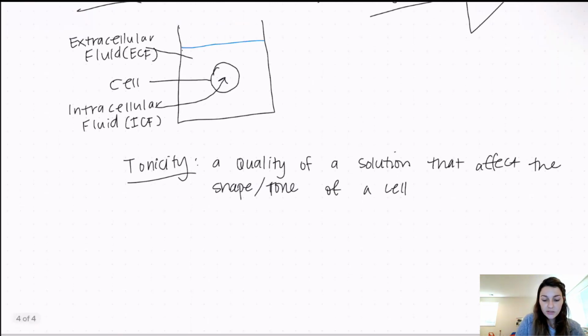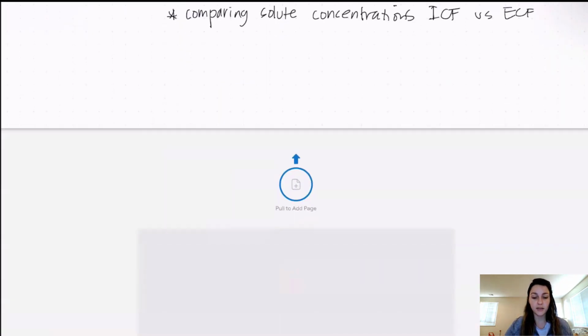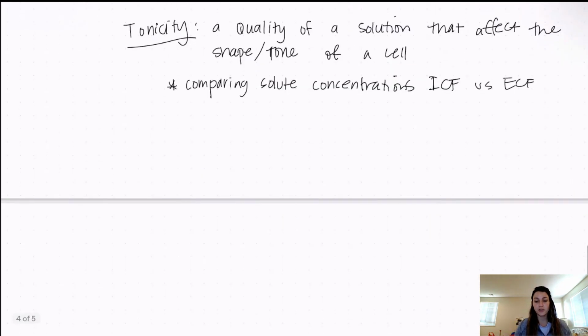Okay. So it's a quality of a solution, and we're always using tonicity as a comparative term, which means that we're comparing solute concentrations in the ICF versus the ECF. So tonicity is a comparing word that we use to compare solute concentrations within the cell and without the cell, ICF to the ECF.